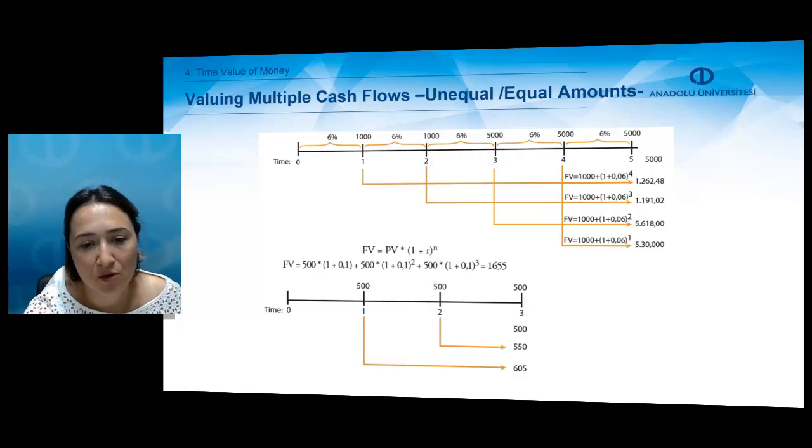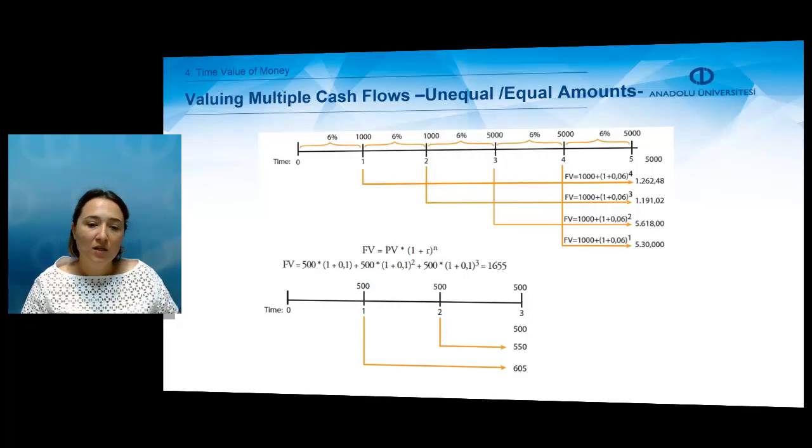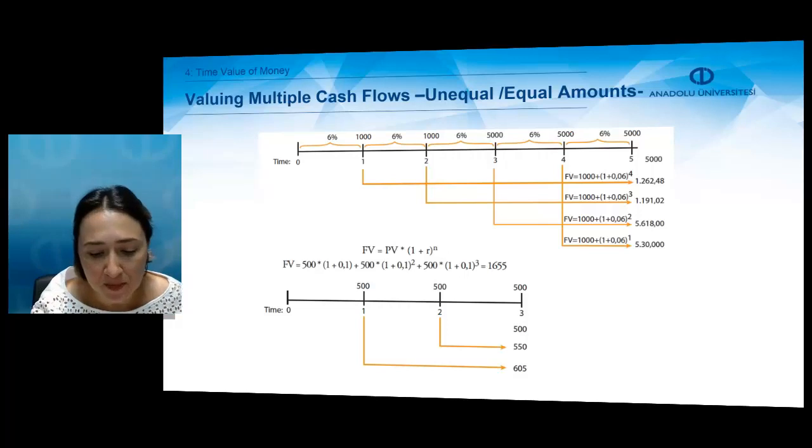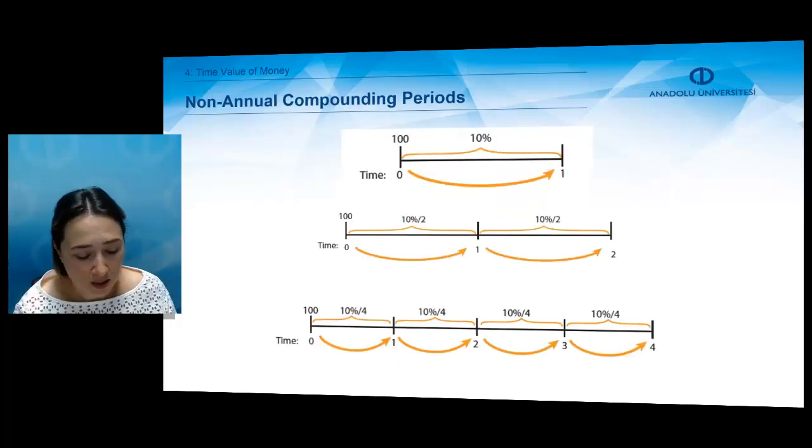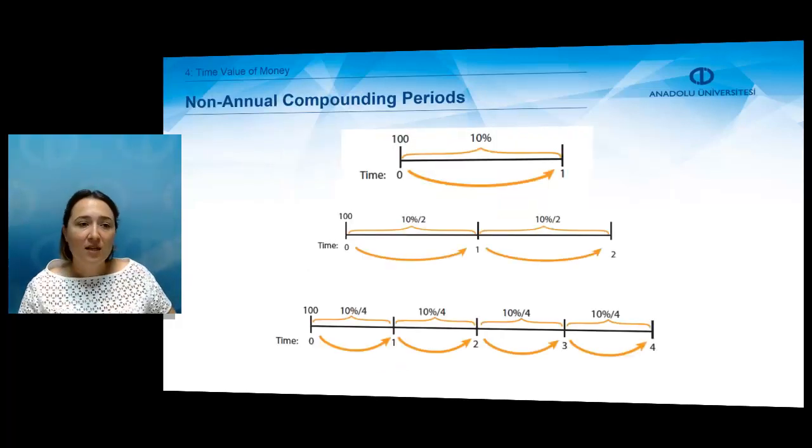In the second figure, our cash flows are exactly the same, and we use the same interest rate for each period, and we reach the future values.